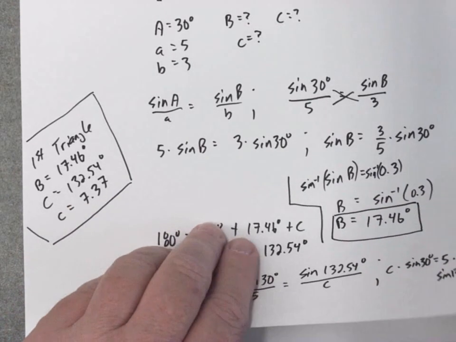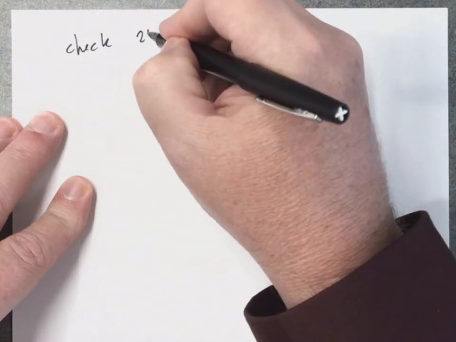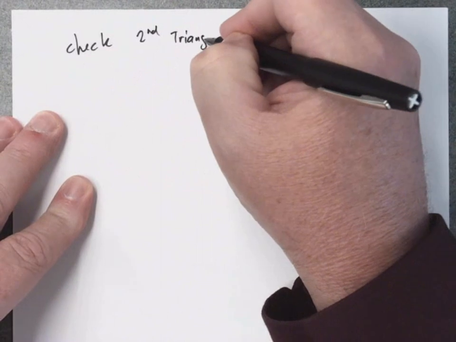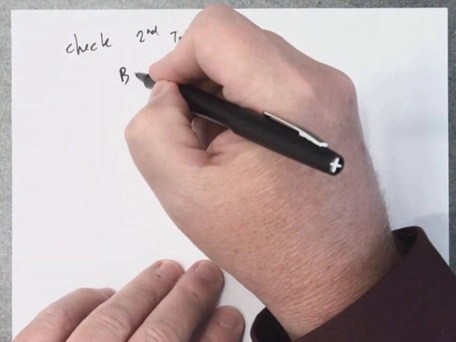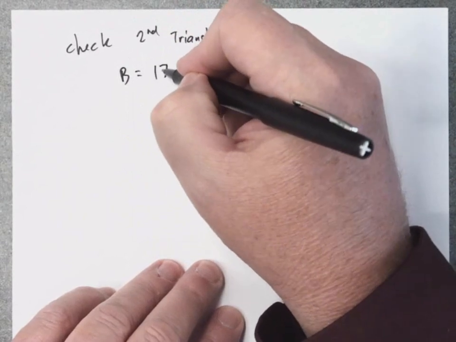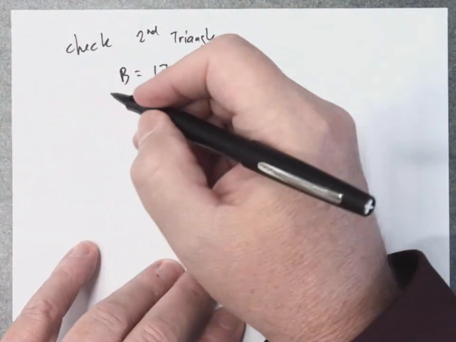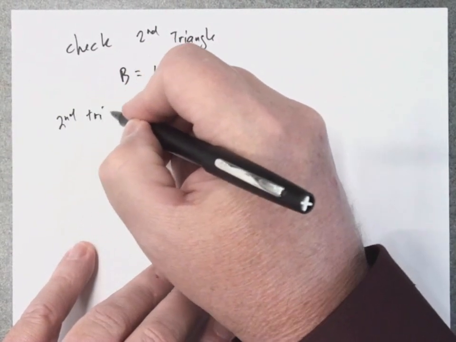If there is a second triangle, so let me put here, check second. So the initial angle B for the first triangle, if there is a second triangle, now here's what I do.